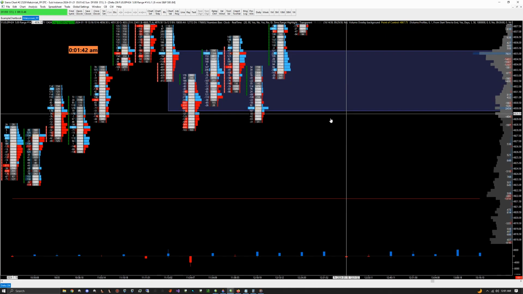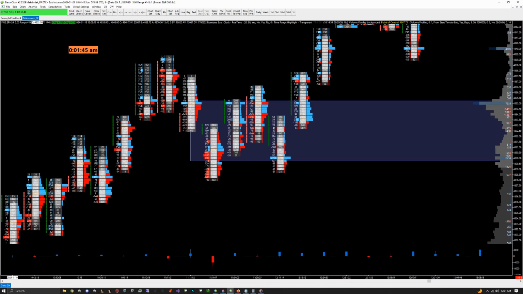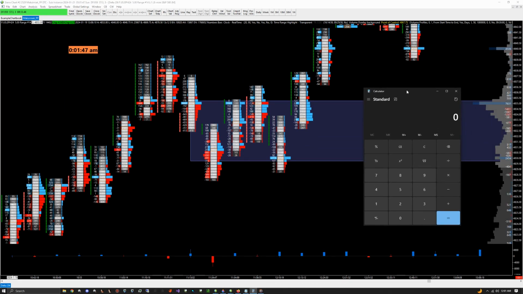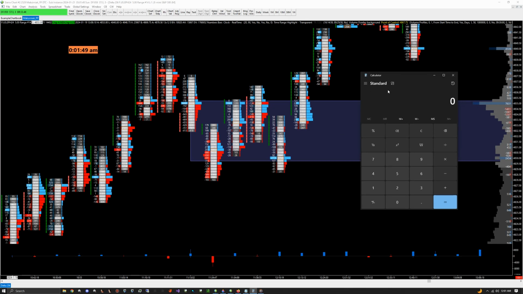So let's say 14,000 lots he accumulated, this guy, and each point is $50 per lot. So 14,000 times 50. So for every point, this institution is going to either make or lose $700,000, and this thing ripped.